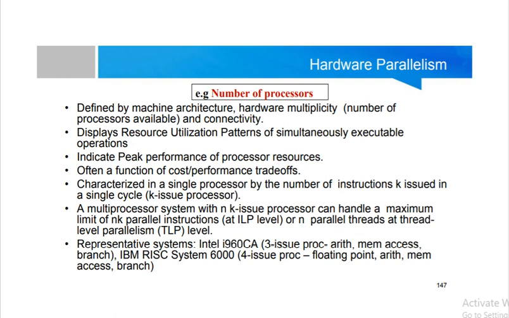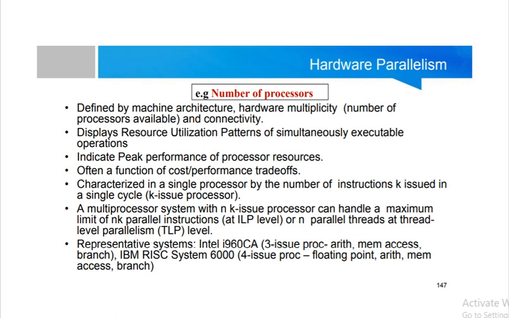And look at this last point, representative systems. There are two systems. These are the examples of processors implementing hardware parallelism. First one is the Intel i960CA. This is a three-issue processor: arithmetic, memory access, and branching. These are the three issues in the Intel i960CA.